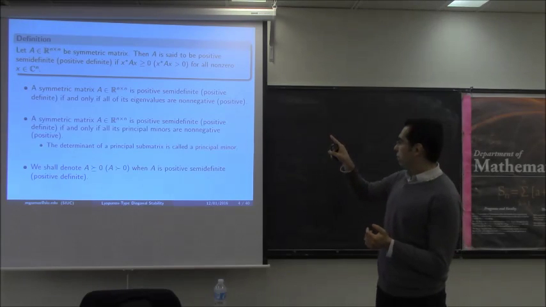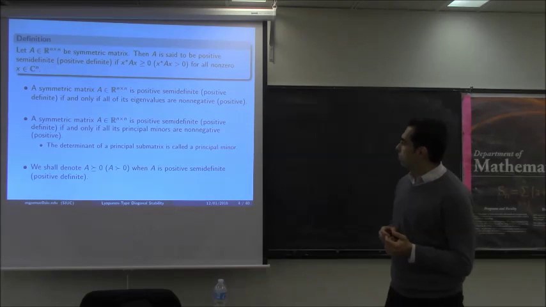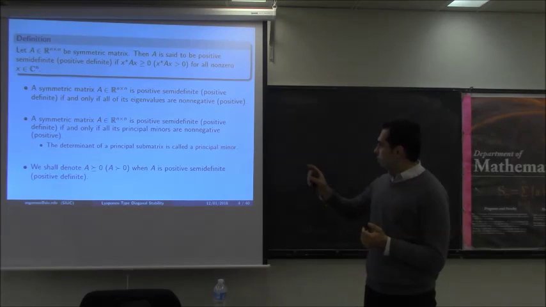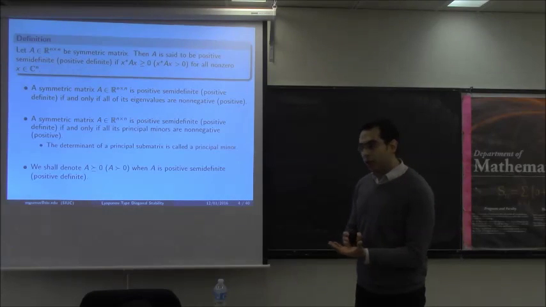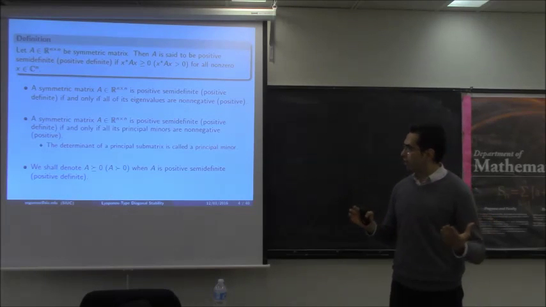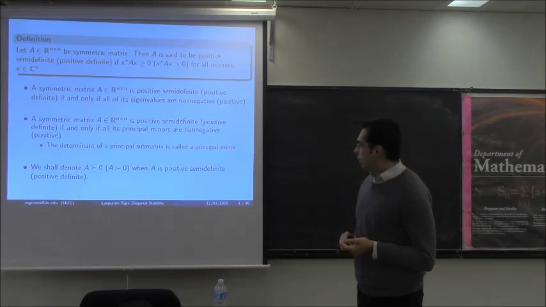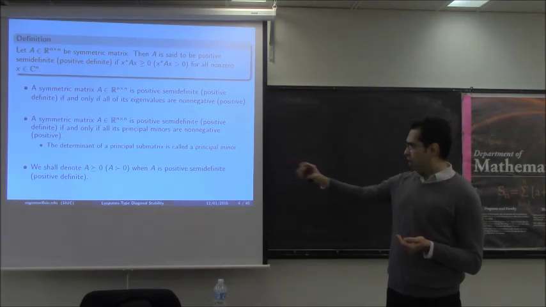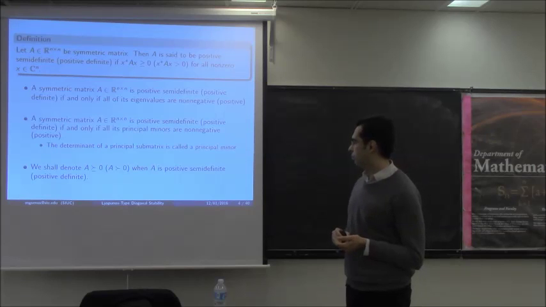And if the eigenvalues are positive, we call it a positive definite matrix. On the other hand, for the other characterization, we check the principal submatrices. If the principal minors are non-negative, then the symmetric matrix is also positive semi-definite. And throughout the presentation, I will use these notations for positive semi-definiteness and positive definiteness.